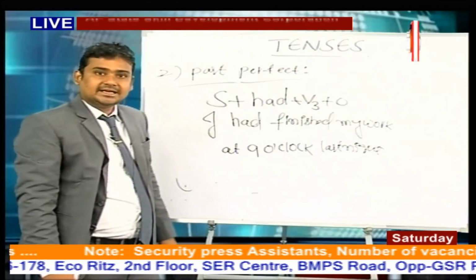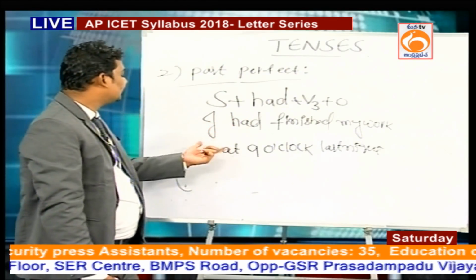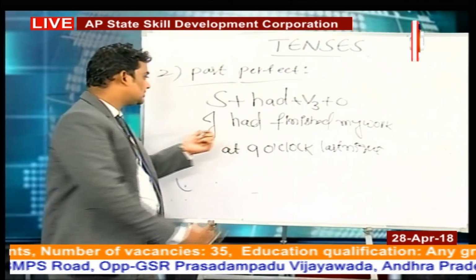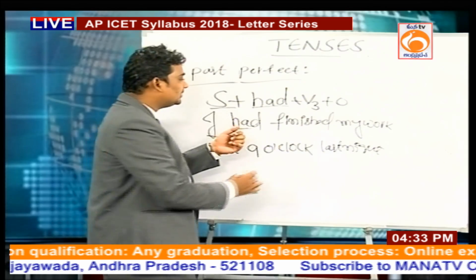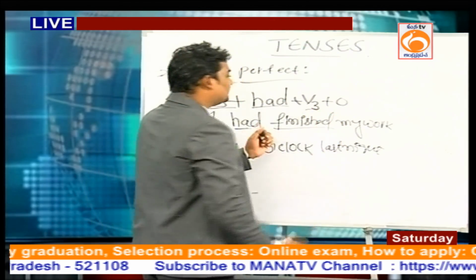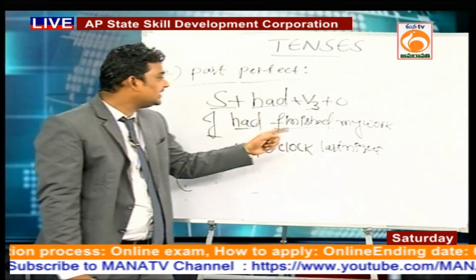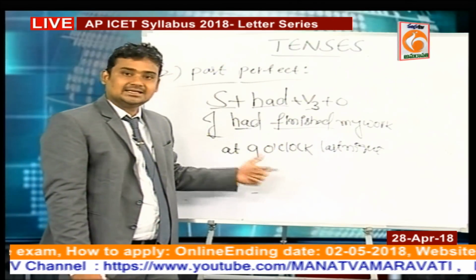Here, I is the subject, had is the primary helping verb, and finished is the past participle, the V3 verb form.